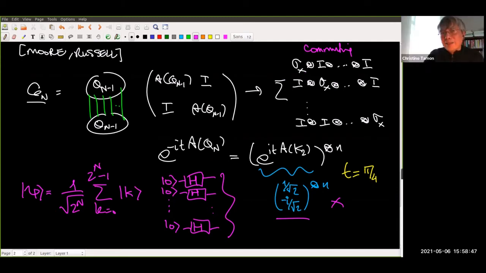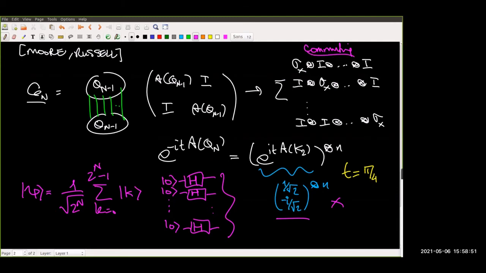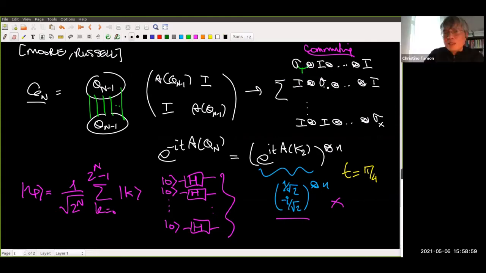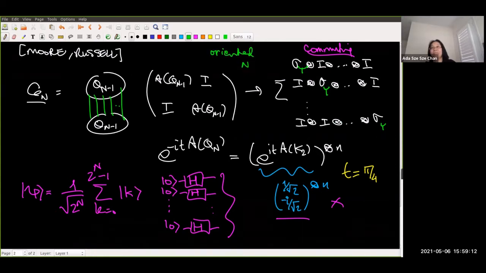Or, in terms of the tensor product of these commuting terms, replace sigma x with sigma y. Exactly. Hopefully that's obvious. Then you get an oriented hypercube essentially, and that's going to generate this state for us.